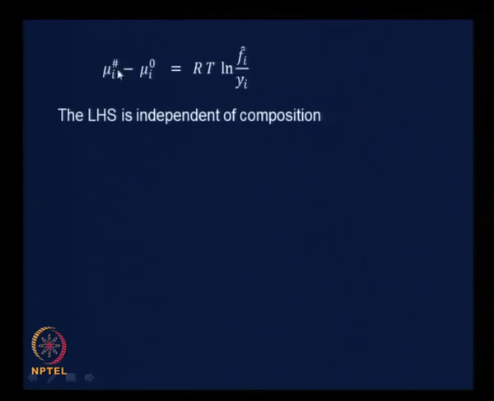Mu I hash is a function of temperature and pressure, mu I naught is a function of temperature alone, and the left hand side therefore is definitely independent of composition. So that is clear here, and therefore the right hand side must also be independent of composition.